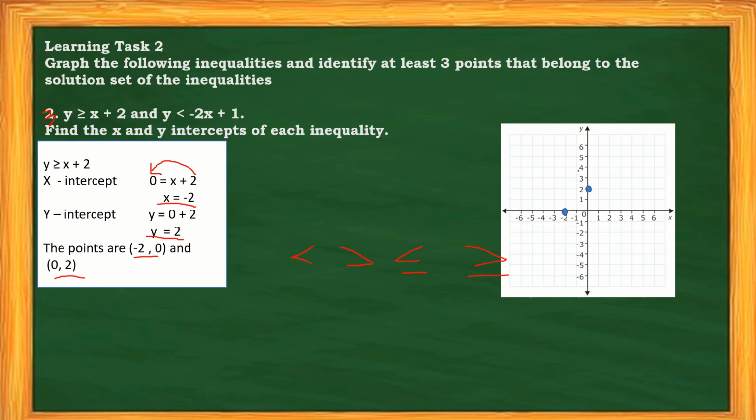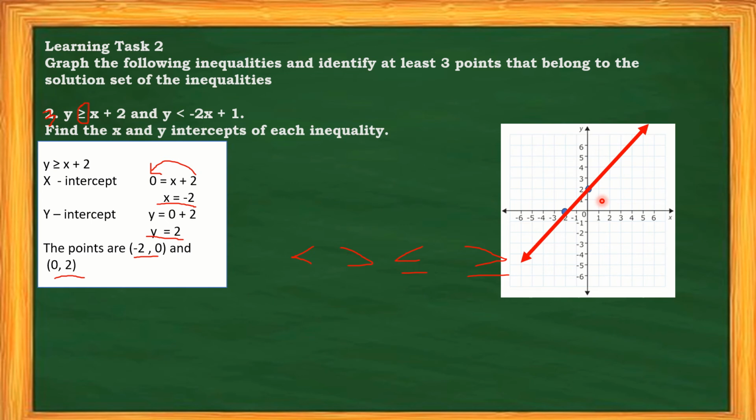Okay, so let us now connect the 2 points. Okay, so we use solid line because of the symbol na meron tayo. So that is greater than or equal to. So pag merong or equal to, ang gagamitin natin is solid line.